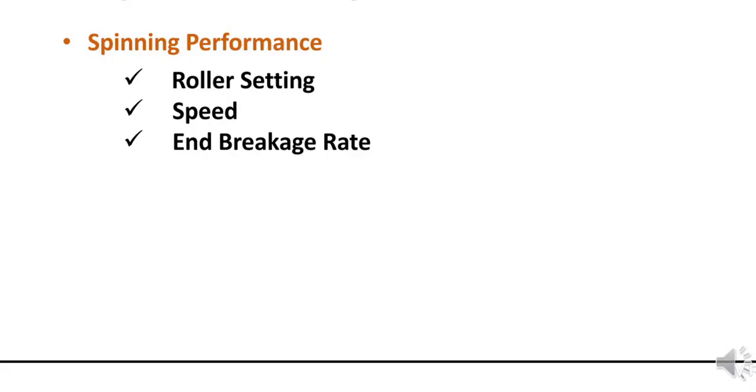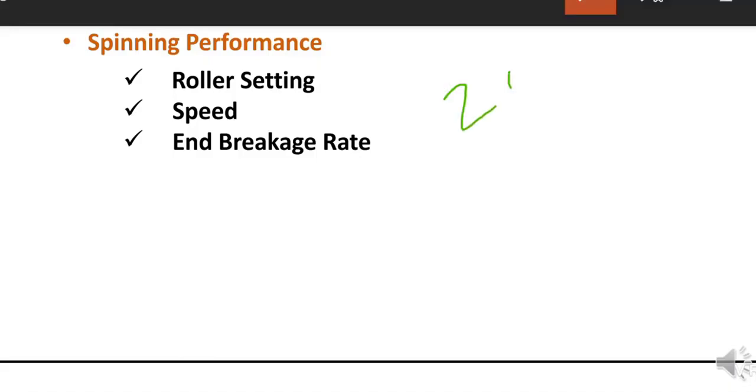Fiber length also affects spinning performance. We have to set the rollers based on length of the fiber. Let us assume you have two different varieties of cotton. One is 25 mm and second is 32 mm.